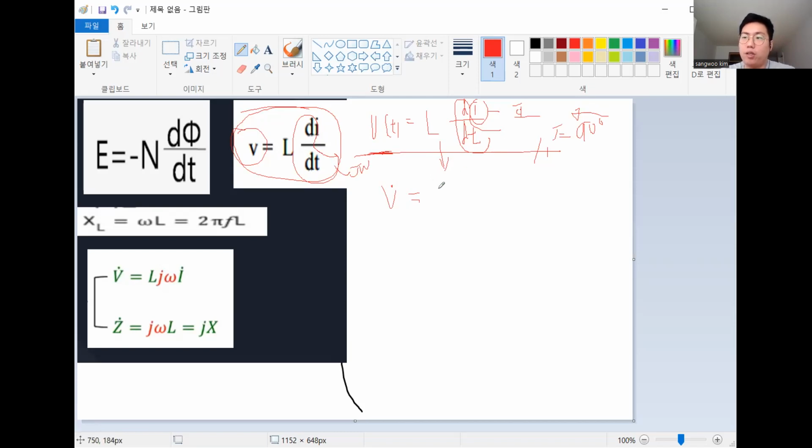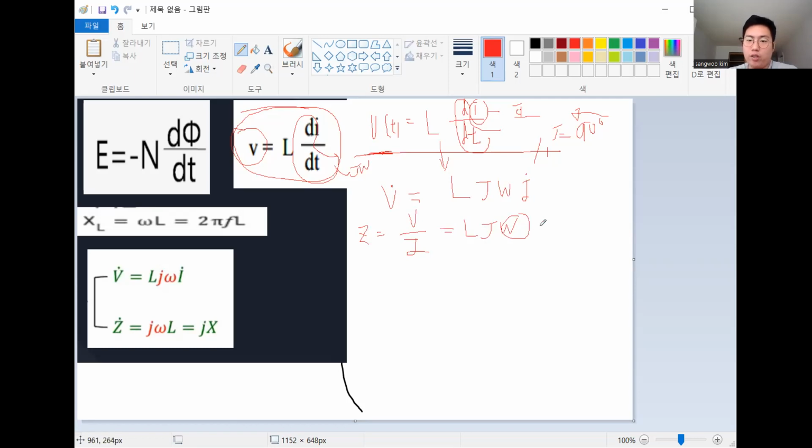So V phasor equals L j omega I, right? But impedance is V over I, which is L j omega, right? Omega is angular velocity, right?